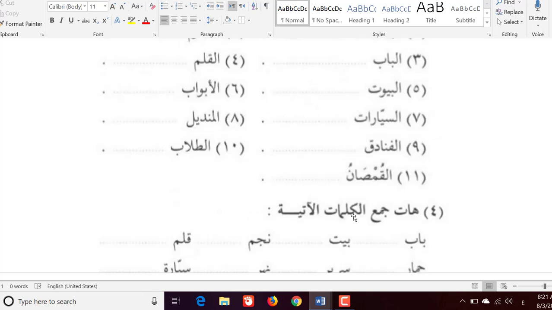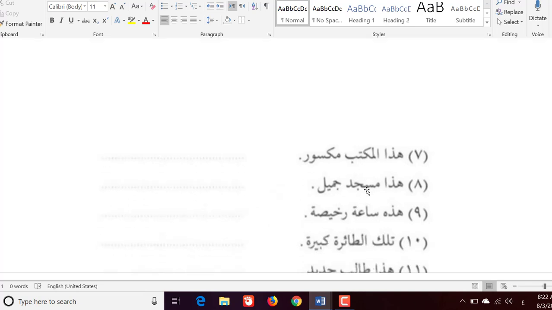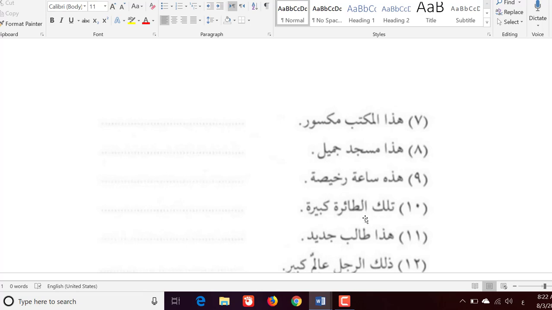We have a nice full revision here for different plurals. The image here is not as clear as I would like it to be. So if you'd like to use your book, you can go to page 98 of your book, and that'll be an opportunity for you to have maybe a better image of the exercises. But what you're going to do here is basically change these sentences to plural.